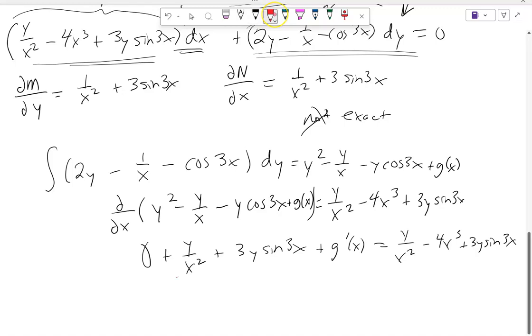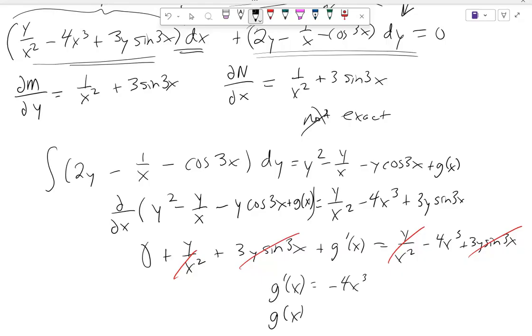So again, the y over x squareds go away, the 3y sine 3x's go away, and we're left with g prime of x equals negative 4x cubed. If the derivative was negative 4x cubed, what did the original function need to be? Yeah, negative x to the fourth.